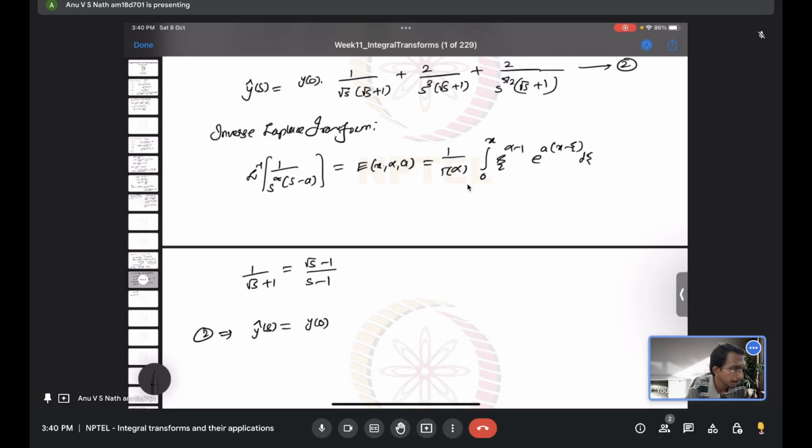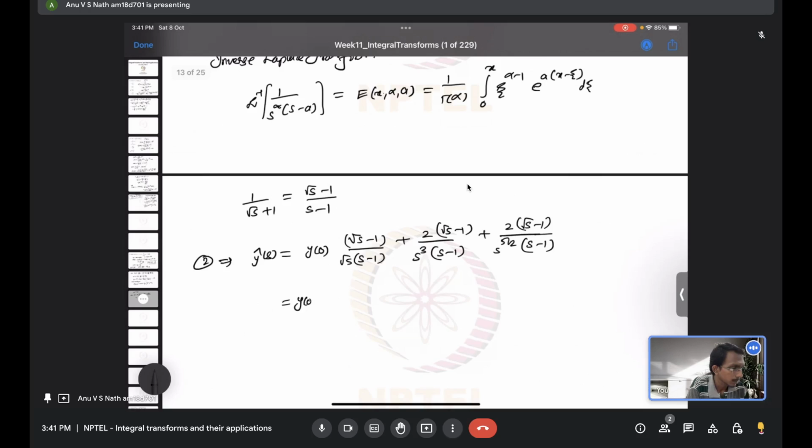So we can write it as root s minus 1 divided by s minus 1. Then we have root s here. Then 2 by s cube root s minus 1 divided by s minus 1. Then 2 divided by s raised to 5 by 2, root s minus 1 divided by s minus 1. So again y of 0.